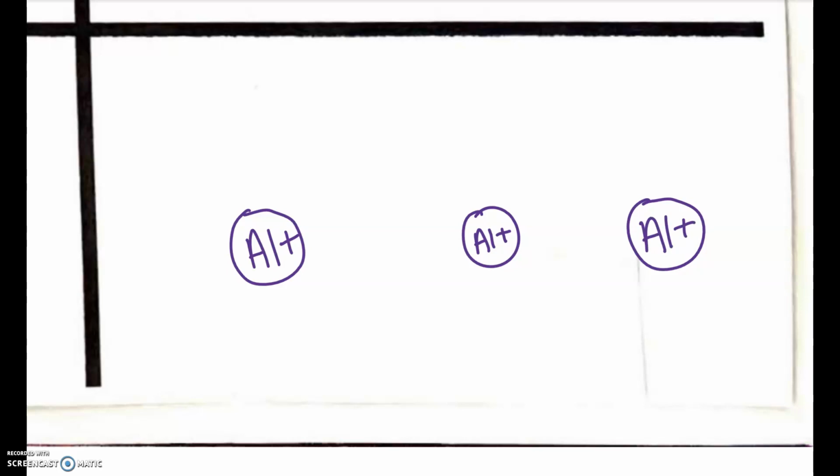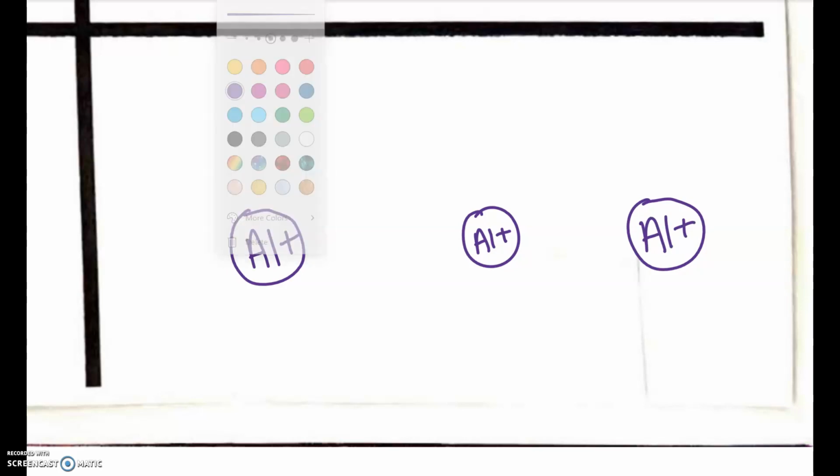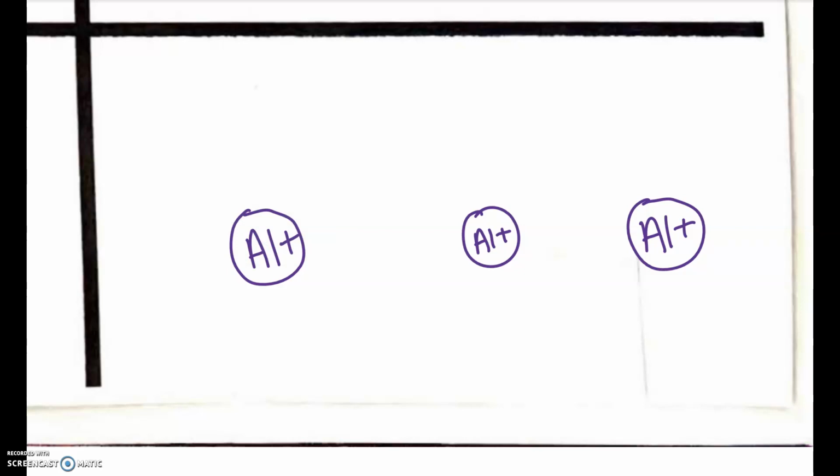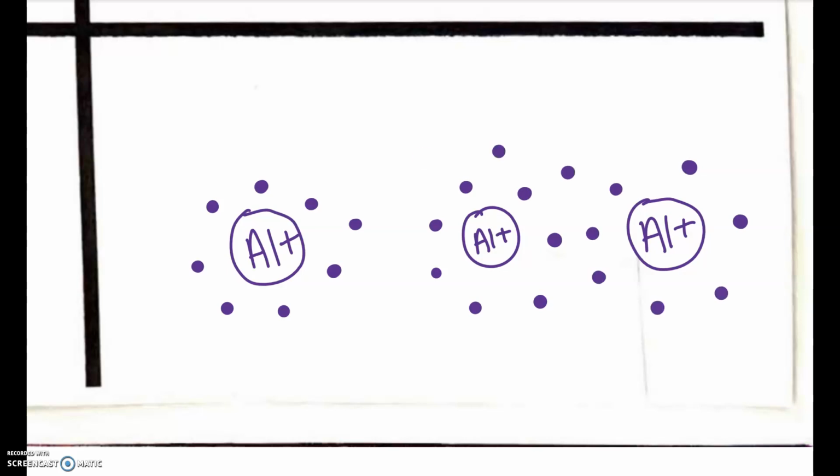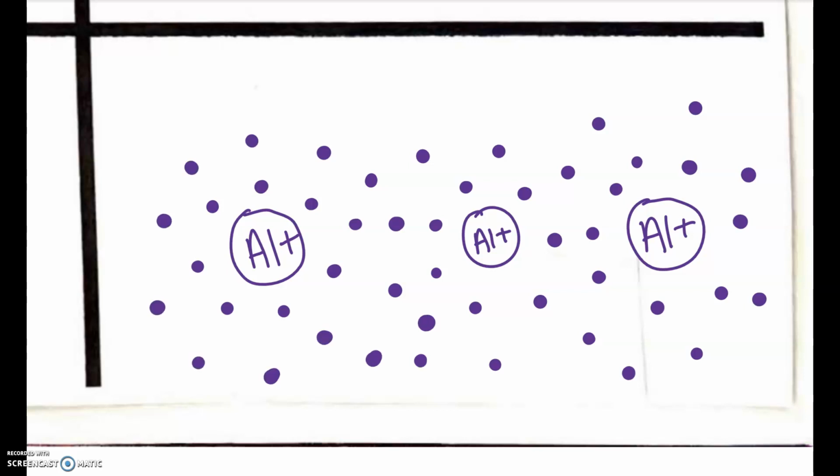So we have some positively charged nuclei of aluminum. And what happens is all of these aluminum atoms give away all of their electrons and they pool them all together. So they create this sea of electrons where the nuclei are just kind of floating around in this sea of shared electrons between all of the metal atoms.